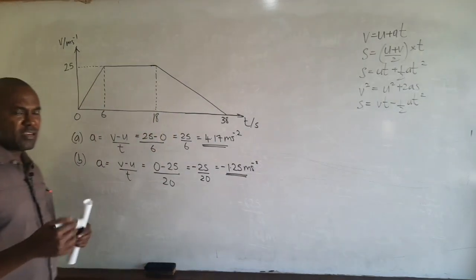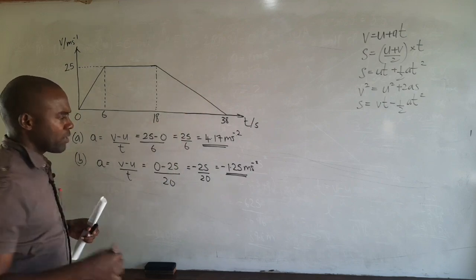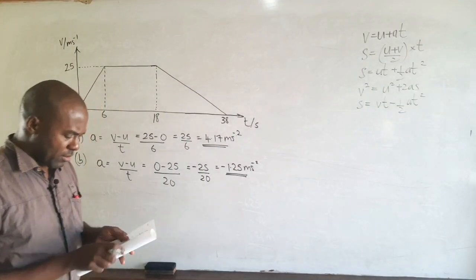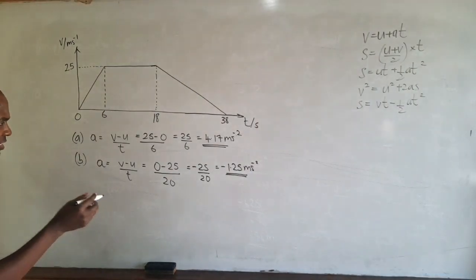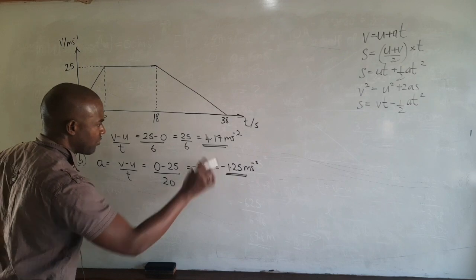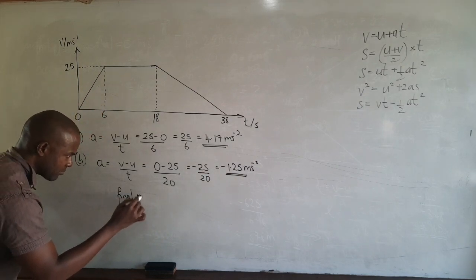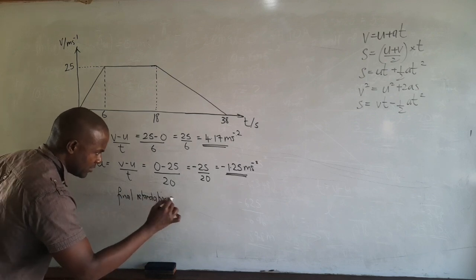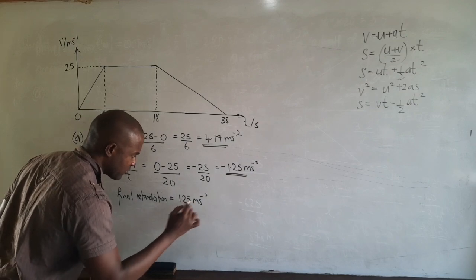Now, this is the final acceleration, or the acceleration for the slowing down phase. Because the question asks us for the final retardation, or the final deceleration, then simply the final retardation is this value, but without the minus sign. So the final retardation is equal to 1.25 meters per second squared, right?